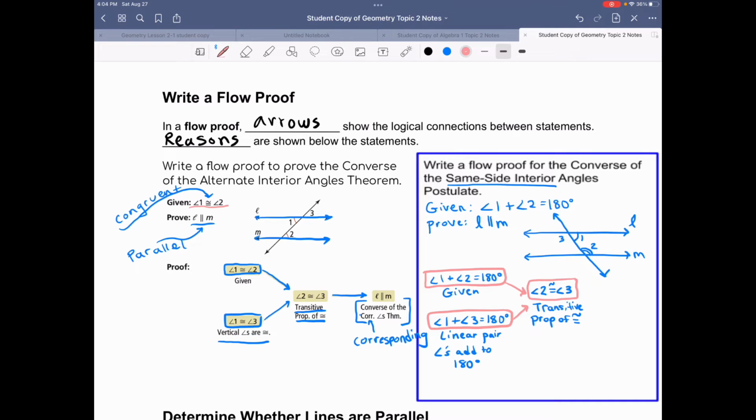And then if angles 2 and 3 are congruent, then that means that they are alternate interior angles, right? That means that angle 3 is congruent to angle 2, and if that's true, then by the alternate interior angles theorem, or the converse of the alternate interior angles theorem, lines L and M are parallel.